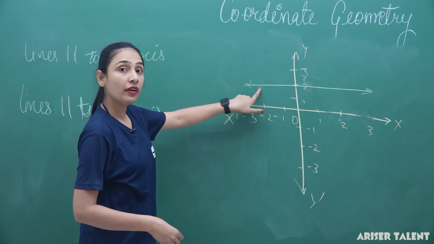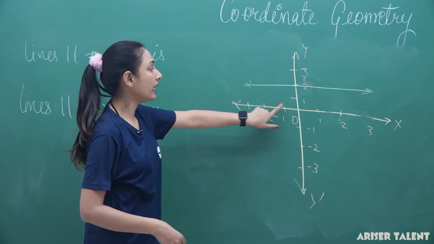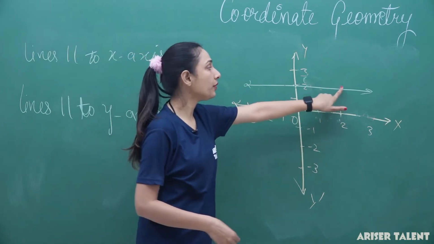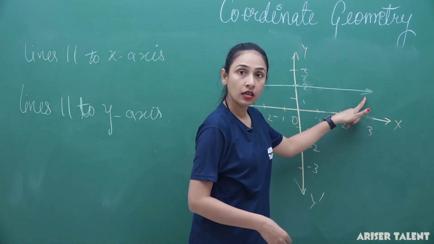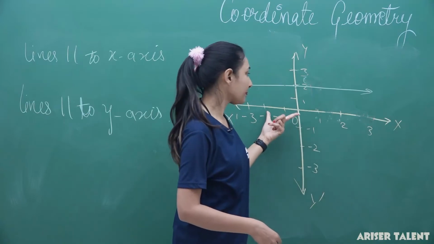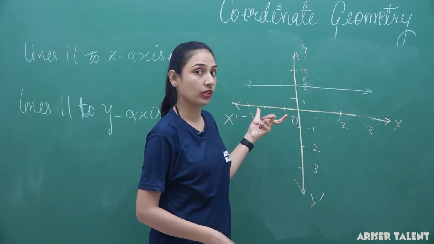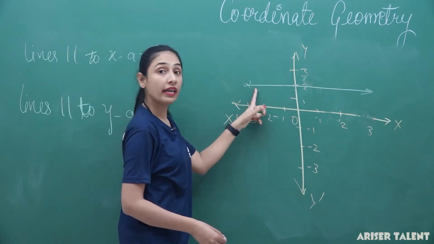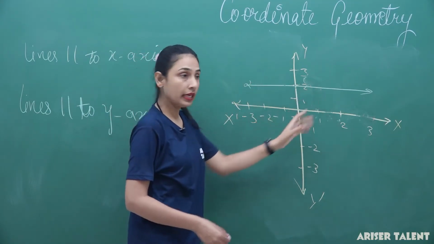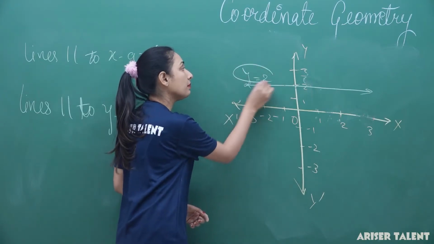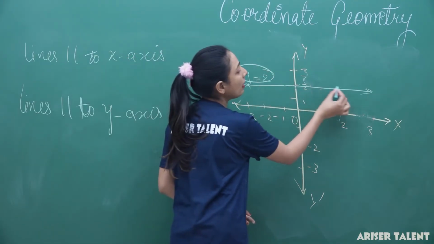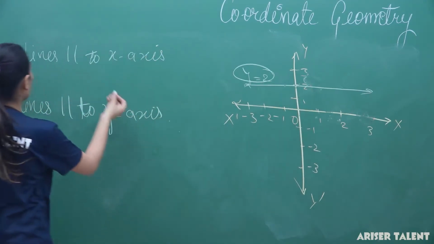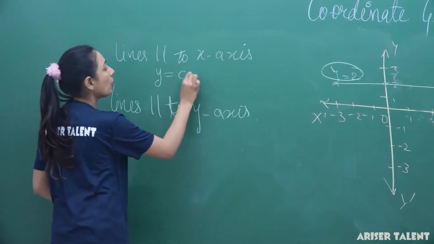Now, the value of x at that point is minus 2, at that point minus 1, at that point 0, at that point 1, 2, 3. I am talking about the line parallel to the x axis only, but I am always having the value of y equal to 2. So, y equals 2 is the equation here, because for each and every value of x, y equals 2, I am having this line only. Okay. So, this is y equals some constant.